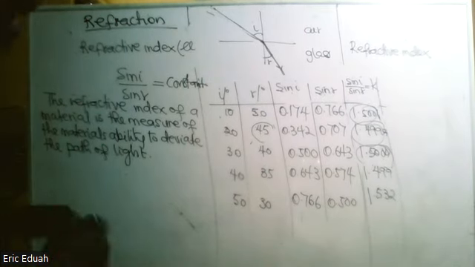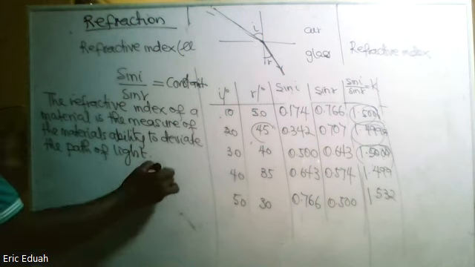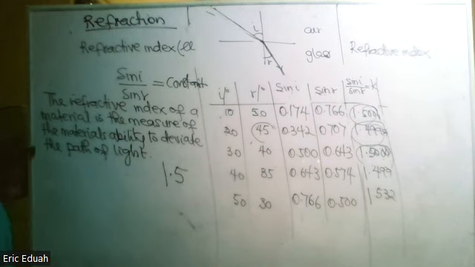So if a material has a refractive index of 1.5, it means the ability of the material to deviate the path of light is 1.5 times the ability of air to deviate light, or 1.5 more than the refractive index of air.